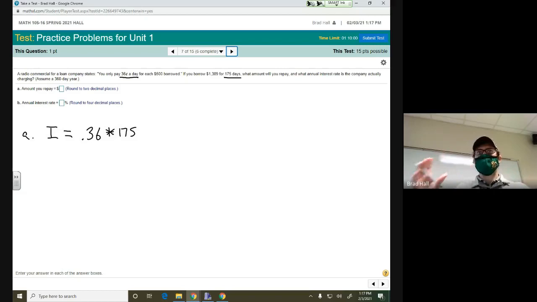They're just making up their own rules here. And then they do this for each $500 borrowed, and you're borrowing $1,389 in total. That's where you get $1,389 that you borrowed, and you divide that by 500. That's where this is coming from. Again, this is not PRT. It's just their own rules for defining this. But the good news is you can just put all this in the calculator.